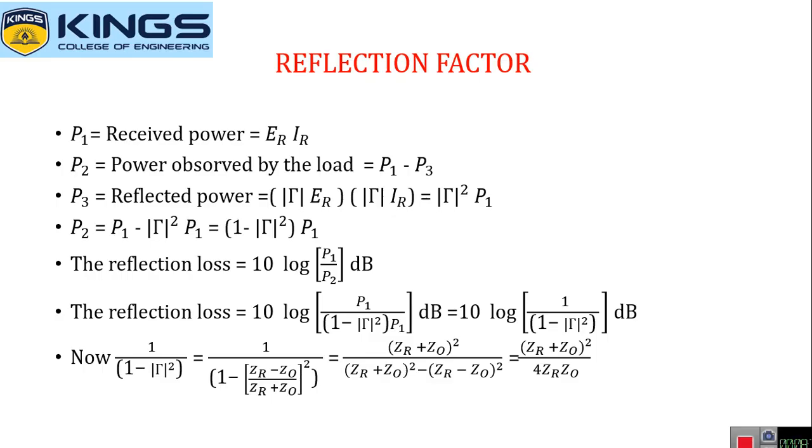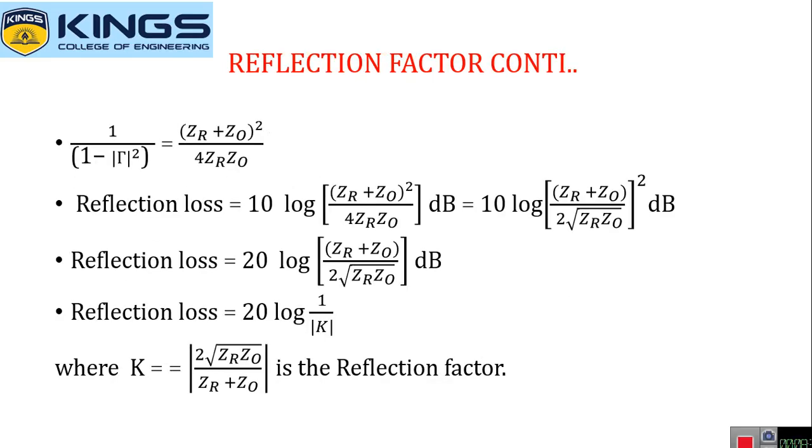So 2 ZR Z0 plus 2 ZR Z0, totally 4 ZR Z0. So the equation 1 by 1 minus tau square becomes ZR plus Z0 whole square divided by 4 into ZR Z0.